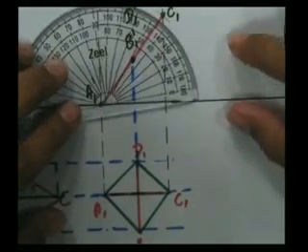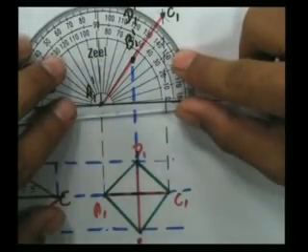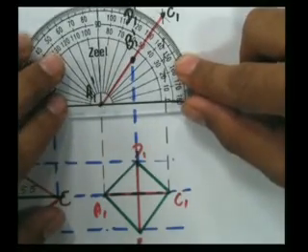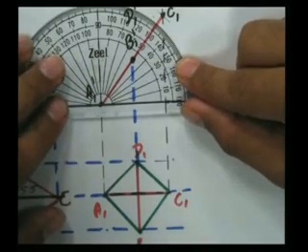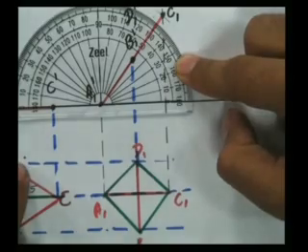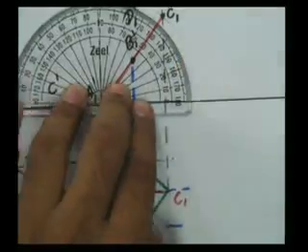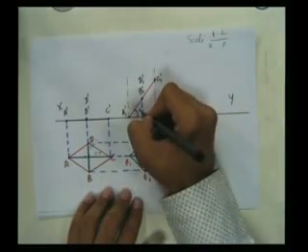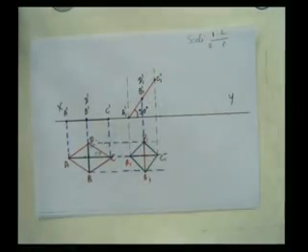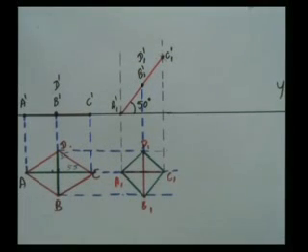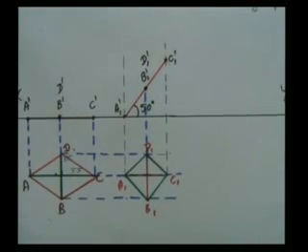What angle am I getting? So let's find out the angle. I kept it here. What are you seeing? It's exactly 50 degrees. So when this line is making an angle of 50 degrees with respect to HP, we have our square. This rhombus will be a square when we have this kind of a thing.